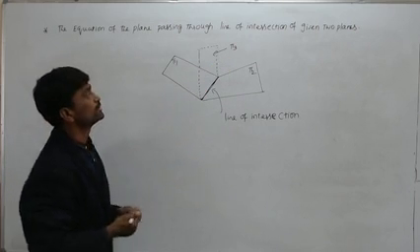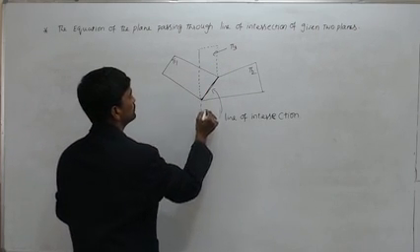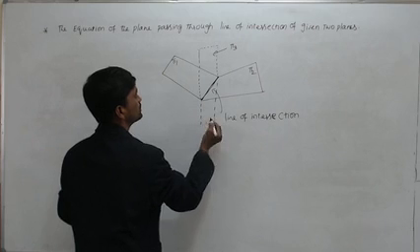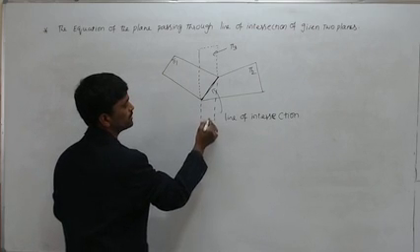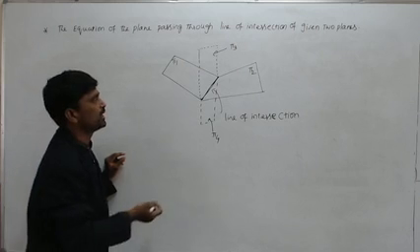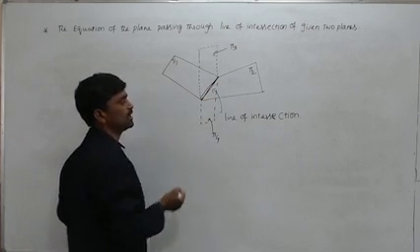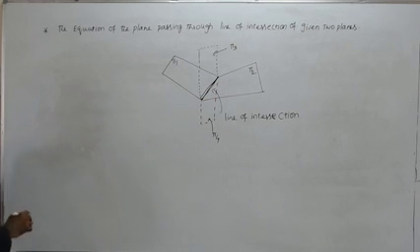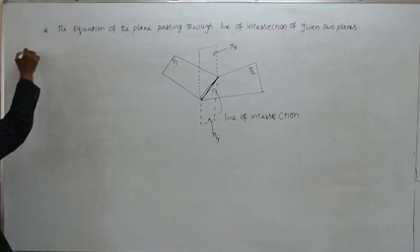Infinitely many. I can draw like this also. So this is also one of the planes. Suppose this is pi 4. This pi 4 is also a plane passing through the line of intersection of the planes pi 1 and pi 2.